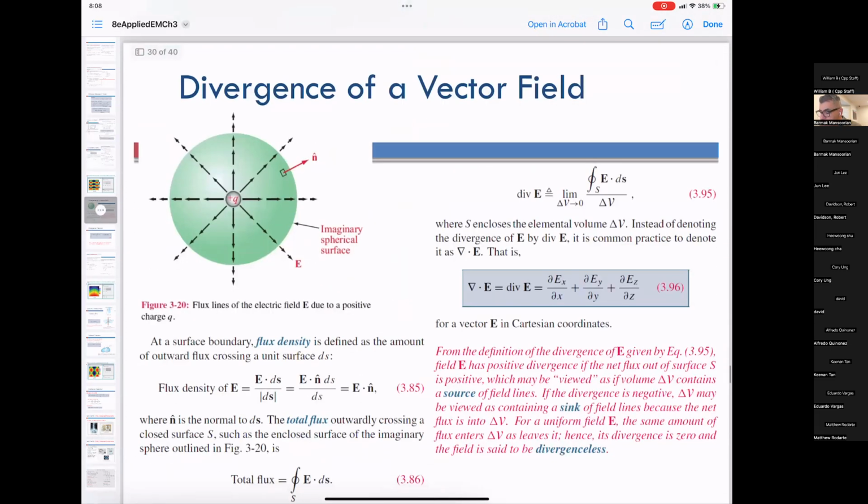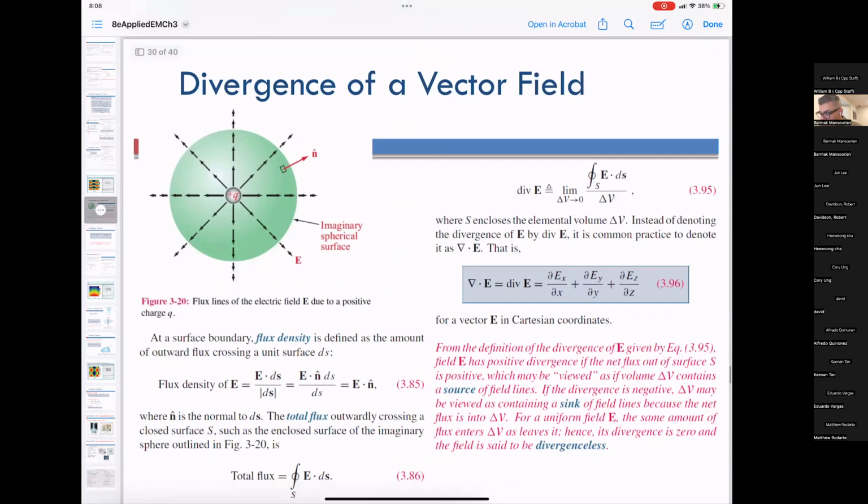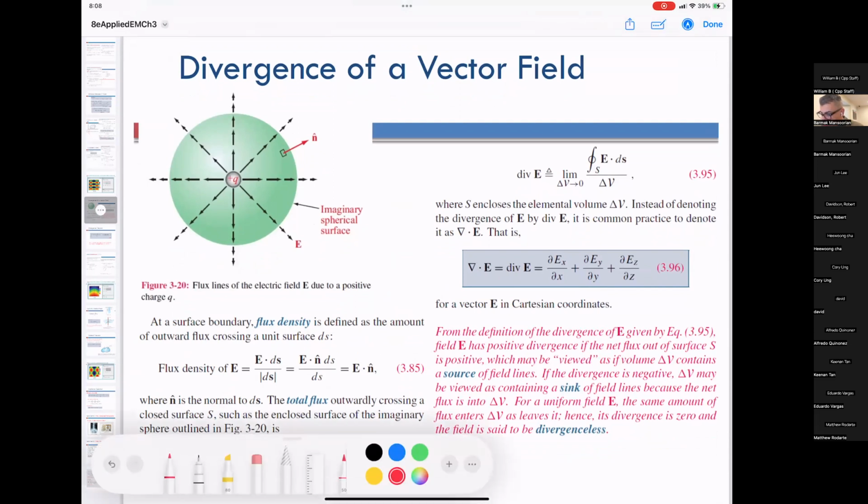Now the divergence of a vector field. First let me tell you what a divergence basically looks like from a physical standpoint. I'm jumping up here in the slide where it's defining the divergence as this surface integral.